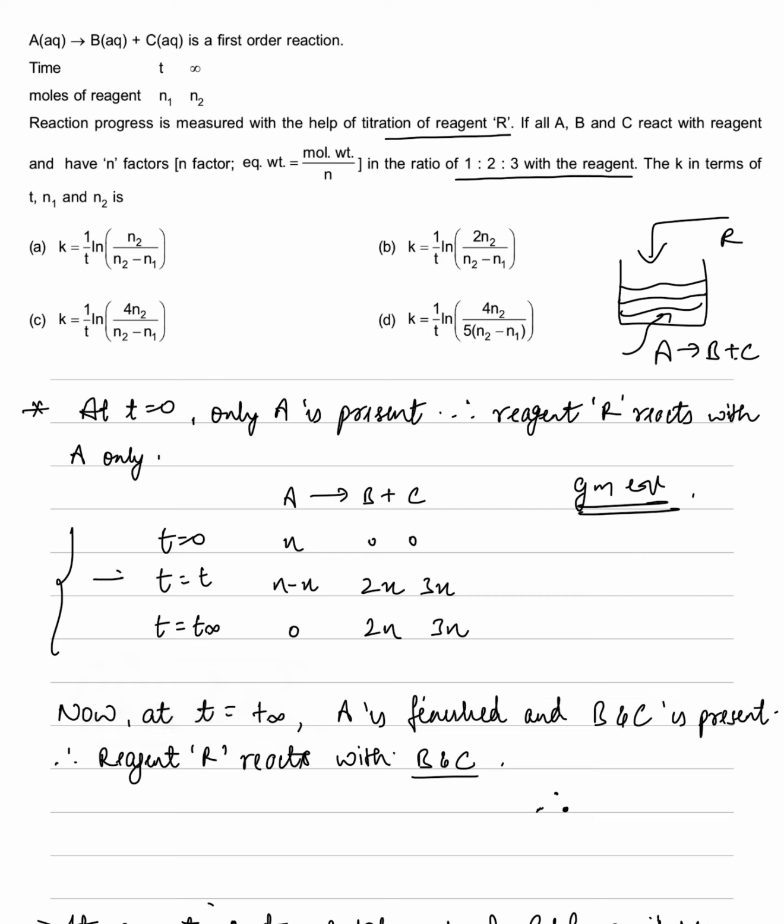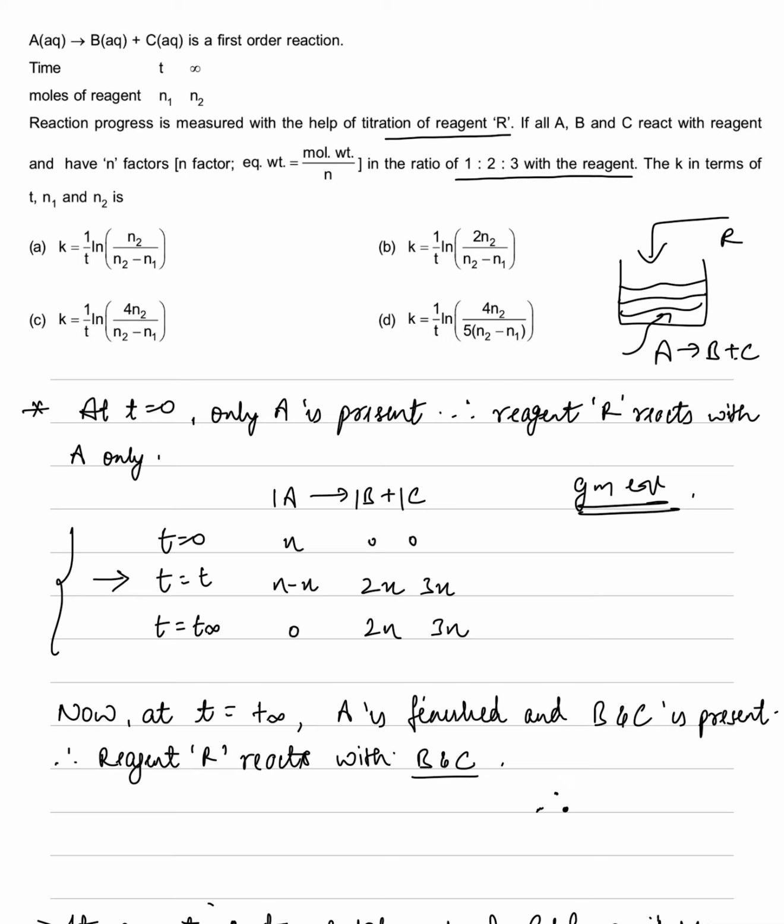At any time t, let's say x amount of A is getting consumed. If x amount of A is getting consumed, how much B should be formed? Now the mistake which is made here is that generally we write n minus x, and since the stoichiometric coefficient is 1, 1 and 1, for B it is x, and for C it is x. But here it is not like this, because we are given the n factors of each reactant and product, right?